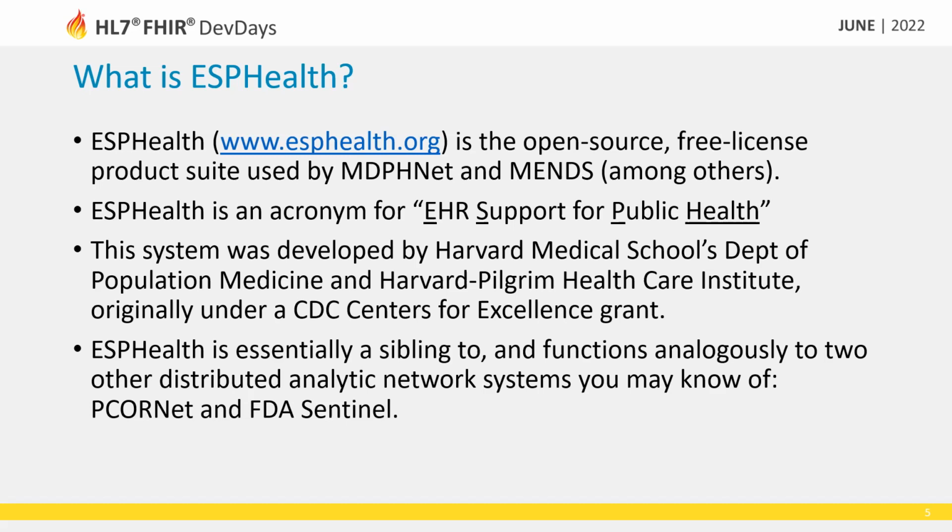It supports a number of different things besides just chronic disease surveillance and distributed network analytics. It was pretty much, I believe, the first production electronic case reporting system, and it is still used for that in the state of Massachusetts. And it's essentially a sibling to and functions analogously to 2 other distributed analytic network systems you may know of, which is PCORnet and FDA Sentinel.